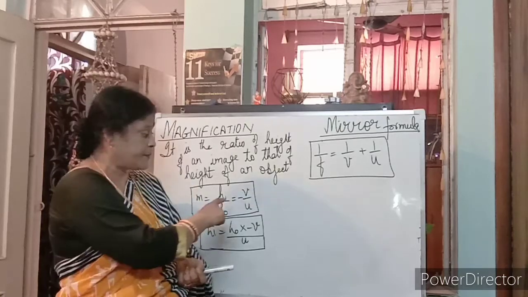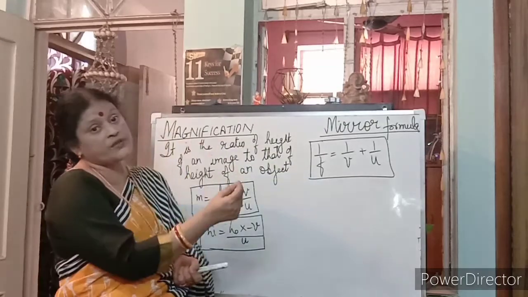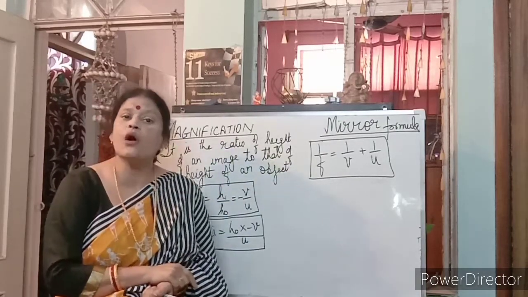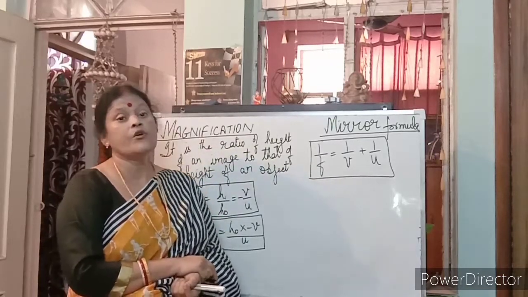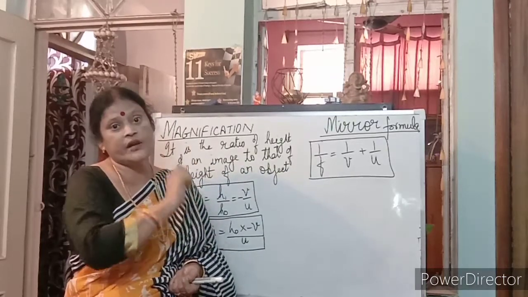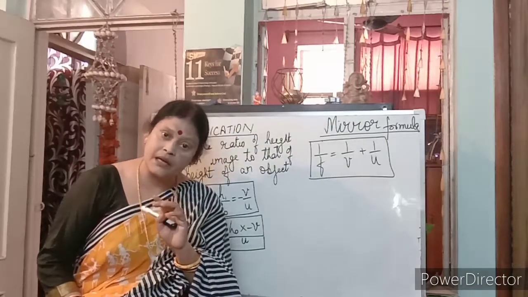Clear? I'll explain how you can trace the position, meaning where the object is actually placed from the mirror. Then U means the position of an object, and where the image is formed, the distance from the mirror, that is the position of an image. Clear?